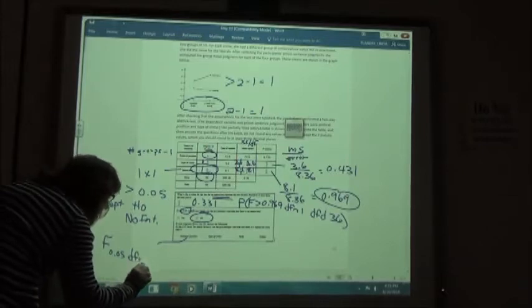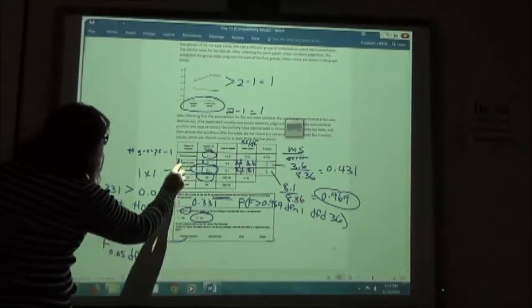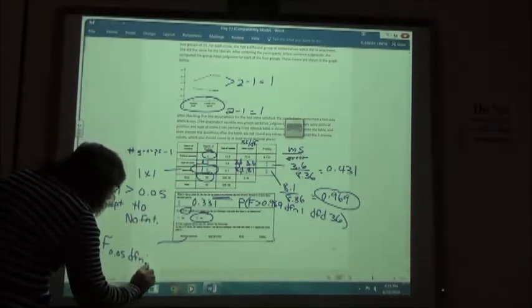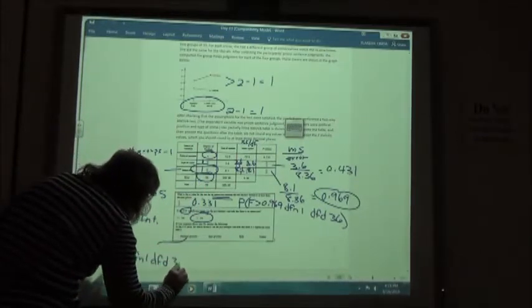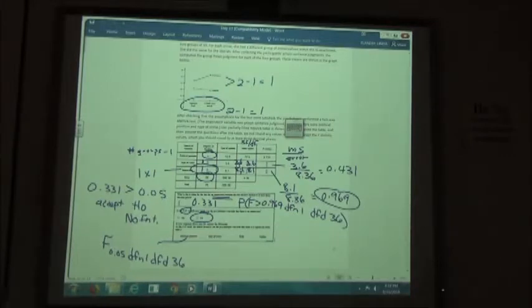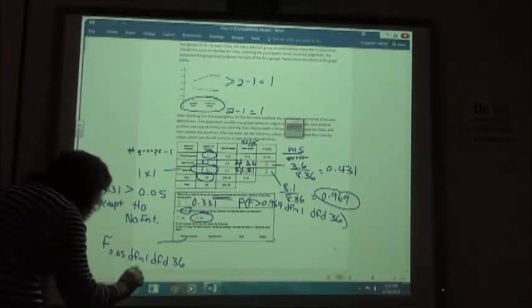Degree of freedom in my numerator would be my political position, which is 1. Degree of freedom in my denominator is going to be my error, 36. So if I calculate that out, we are going to come up with 4.11.